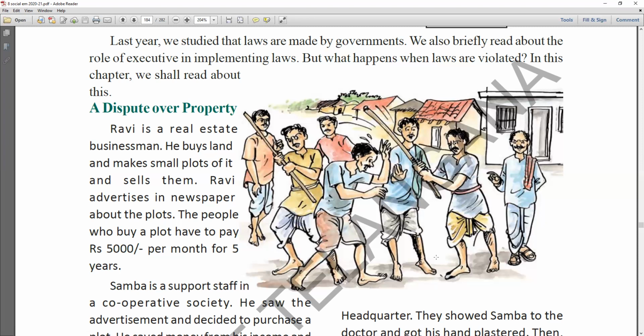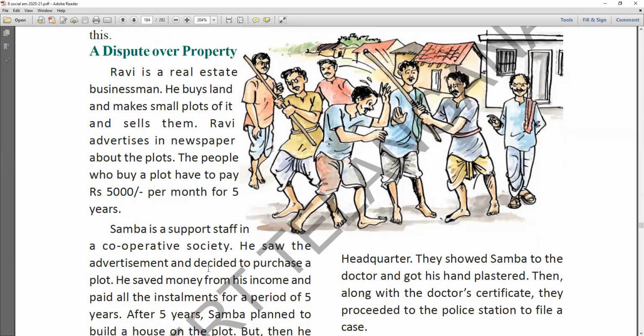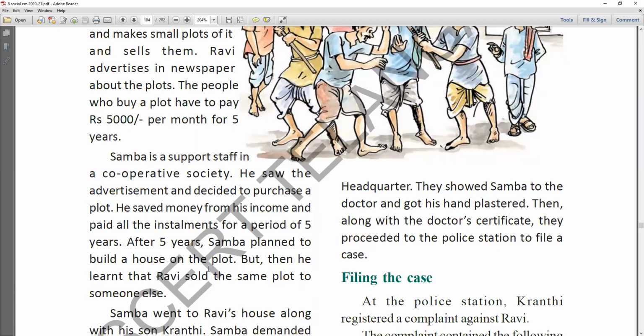Samba is a support staff in a cooperative society. There is another man in the cooperative society, a support staff who is called Samba. He saw the advertisement and decided to purchase a plot. Did you understand, children?